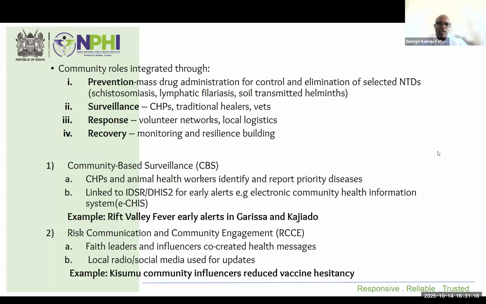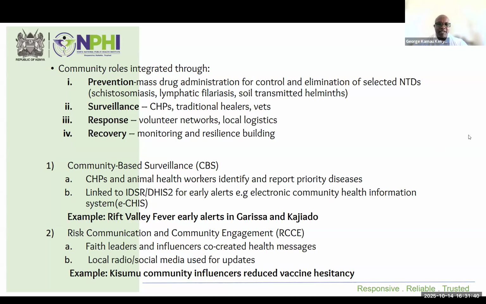The other thing we're able to do is community-based surveillance. There is something we call CBS, the community-based surveillance, where we involve the community health promoters and animal health workers to identify and report on any priority diseases, which the system is linked to the integrated disease surveillance system and DHIS2, which is an electronic system that they use tablets to report on.